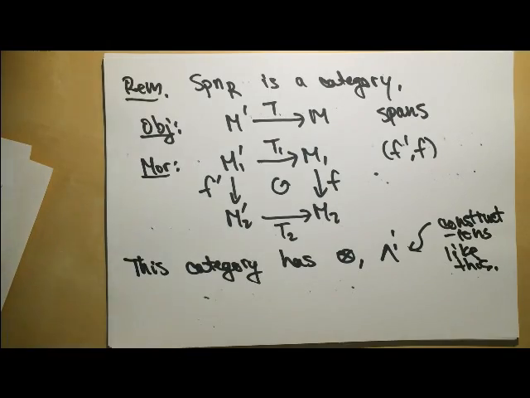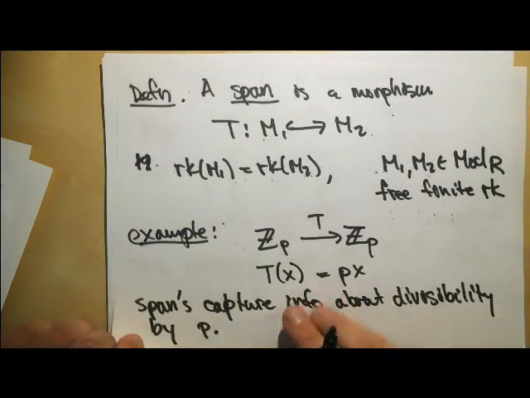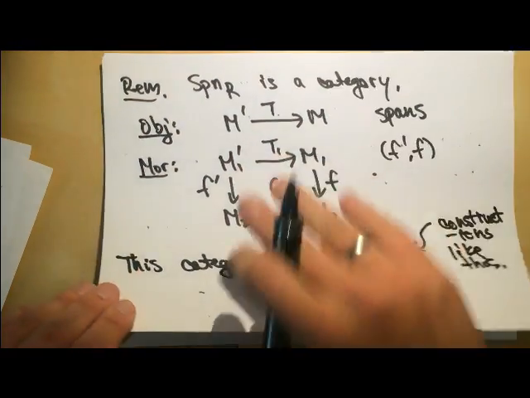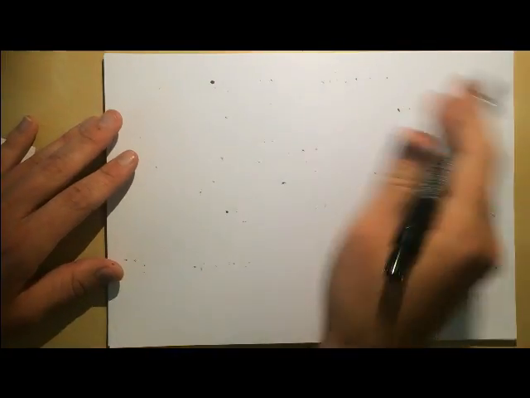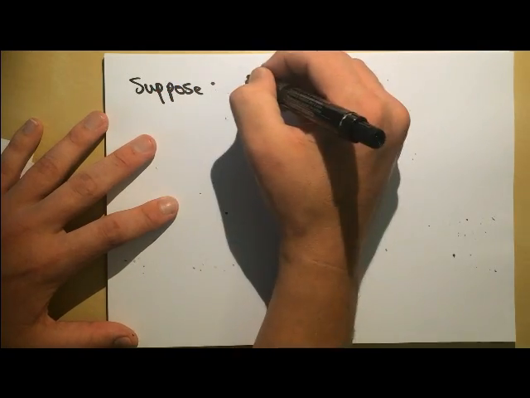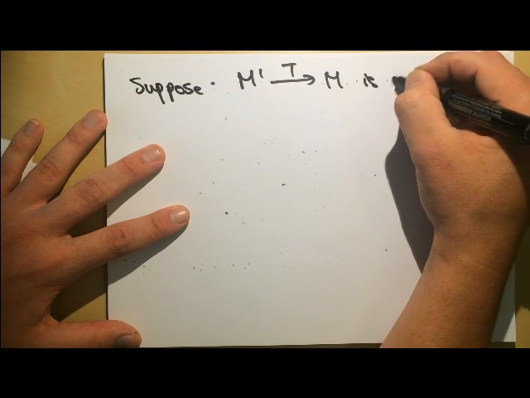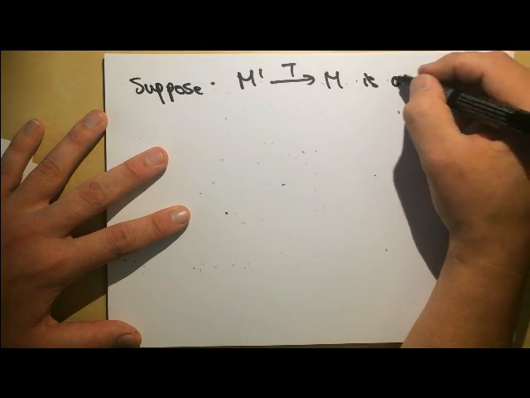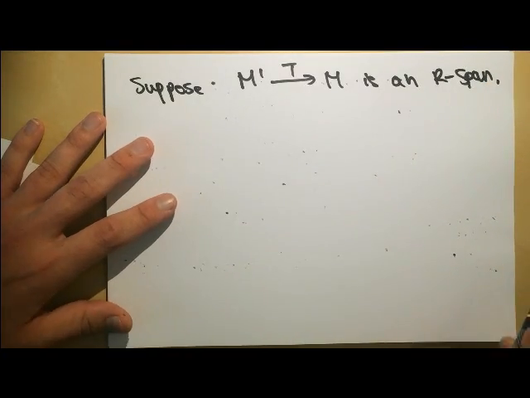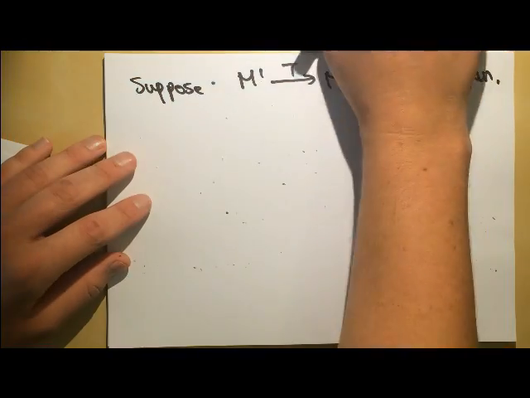In fact, I said that spans are going to capture information about divisibility by p. Let me say something more about this. Let me give you a fact. Suppose M' to M is a span, an R span, so an element of this category Span_R that I made.